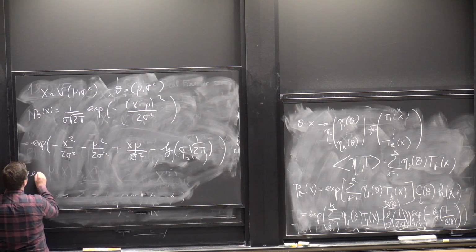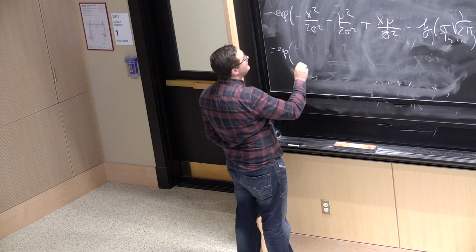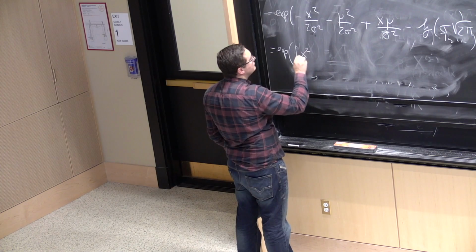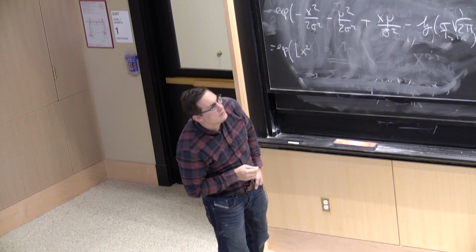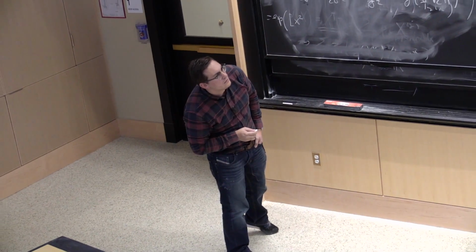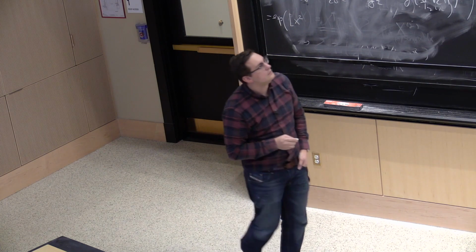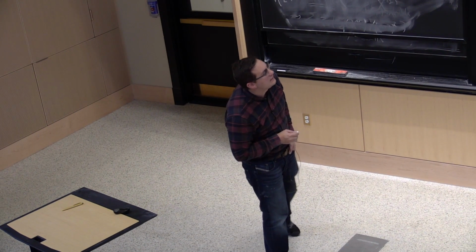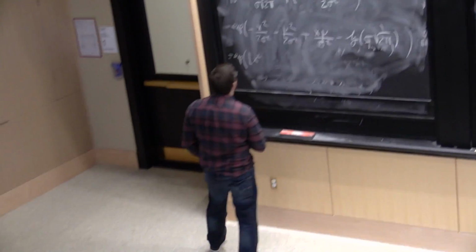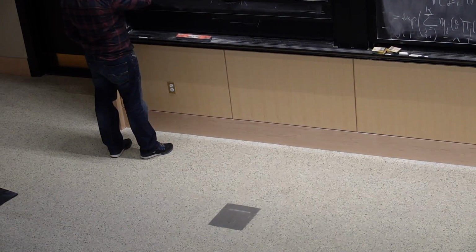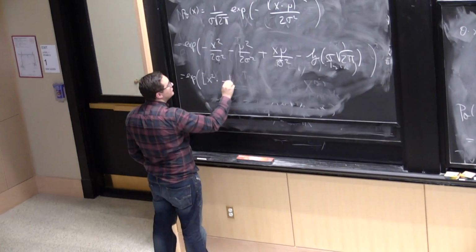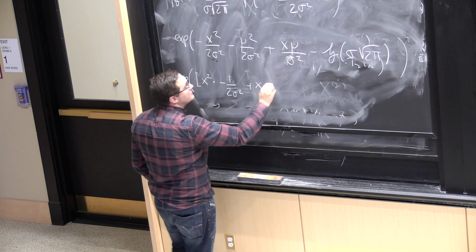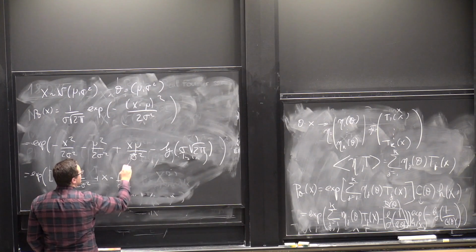So I'm going to rearrange things, and I claim that this is of the form x squared times minus 1 over 2 sigma squared plus x times mu over sigma squared. So that's this term here, and that's this term here.